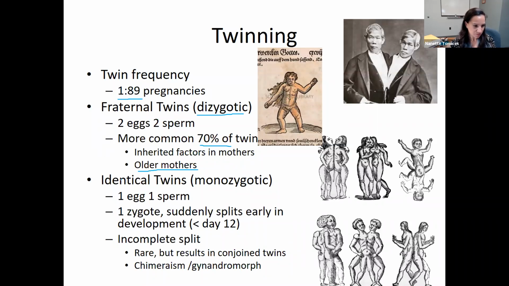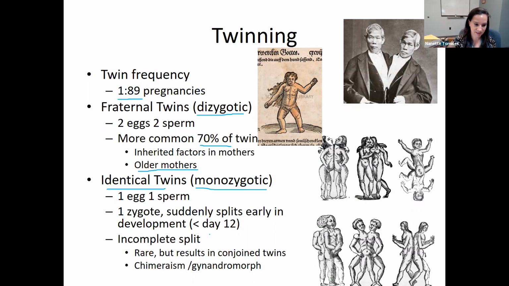Okay, the identical twins, monozygotic, 1 zygote. This needs to happen very early in pregnancy. So you start with 1 zygote, okay, and then somewhere in that cleavage, morula, blastula, and then maybe a tad bit into implantation.